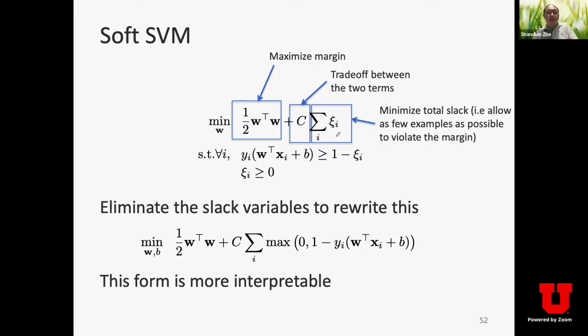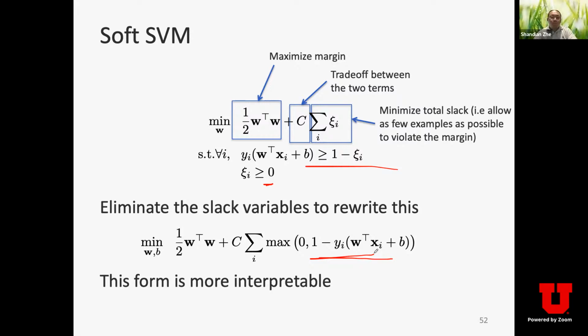Because ξi is at least 0 or at least 1 minus the function margin, which is directly derived from here, the minimum value ξi can take is just the maximum of 0 and 1 minus the function margin. Because our objective is to minimize, we just pick ξi to be the minimum value it can choose.